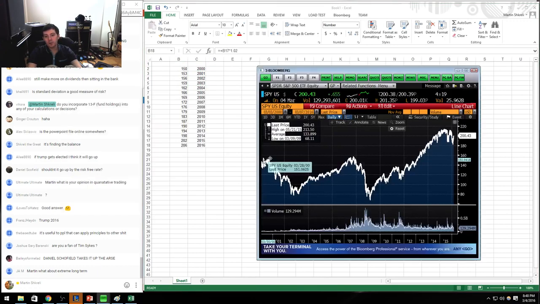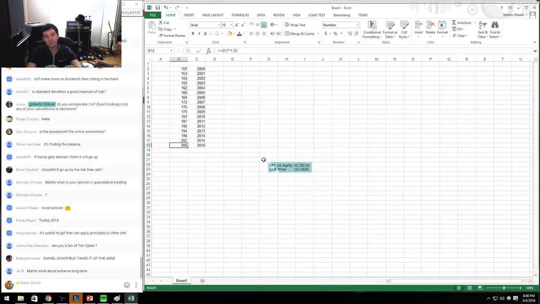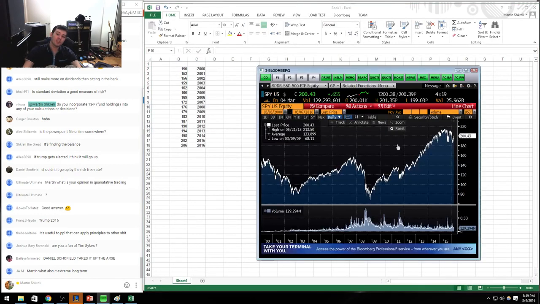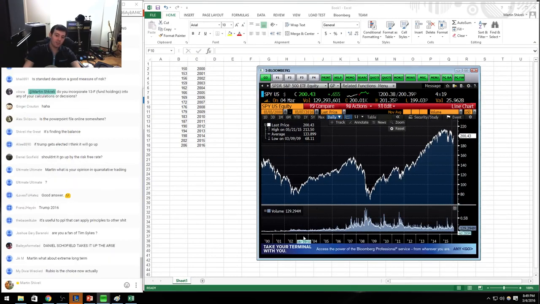So the stock market has gone up less than 2% a year, and inflation has gone up about 2% a year. So you're telling me stocks are as good as inflation, but they have all this risk that you don't need to take. That doesn't make sense to me.